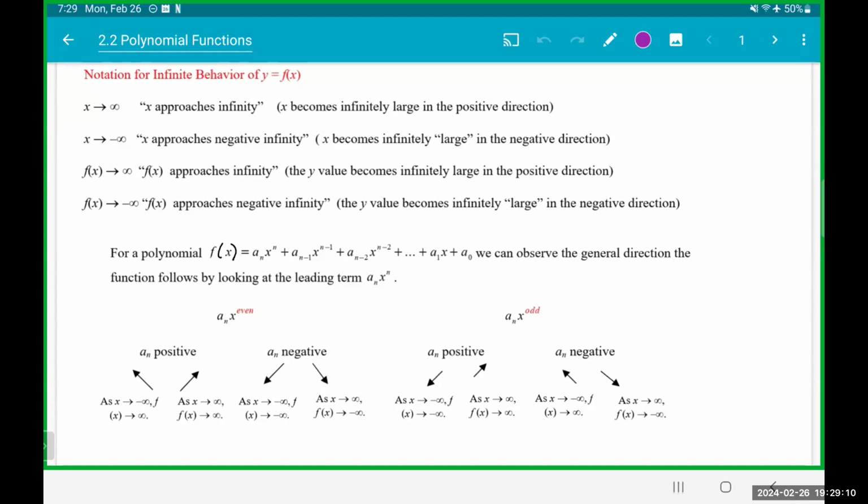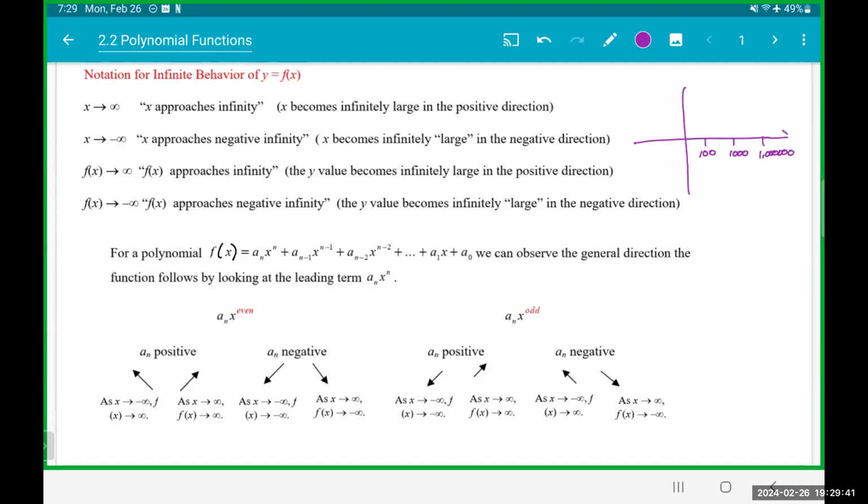So X approaches infinity, or X approaches negative infinity, or f of X approaches negative infinity, or whatever, right? And so really, what does that mean? Well, as X approaches infinity, if I have a graph here, and here's X equals 100, here X equals 1,000, 1,000,000, right? We have all these things.